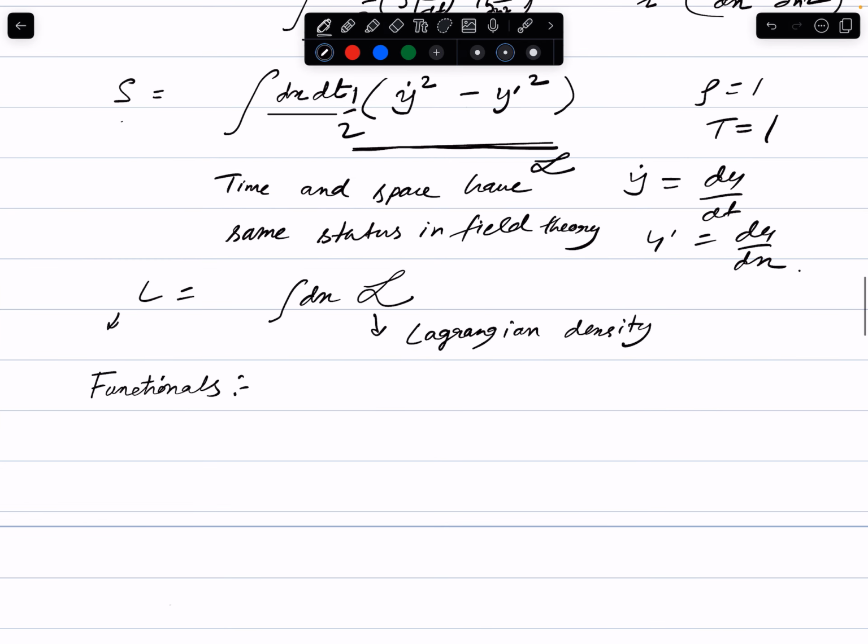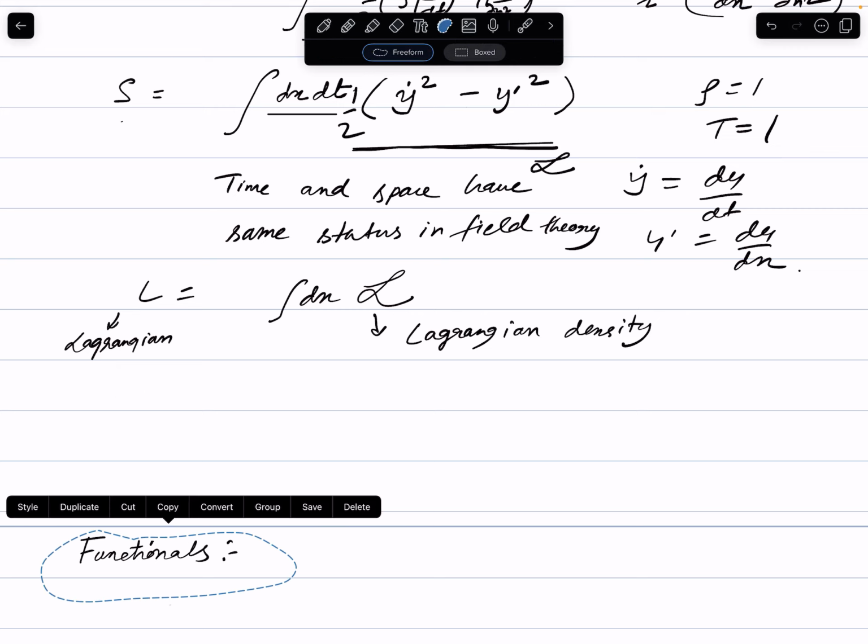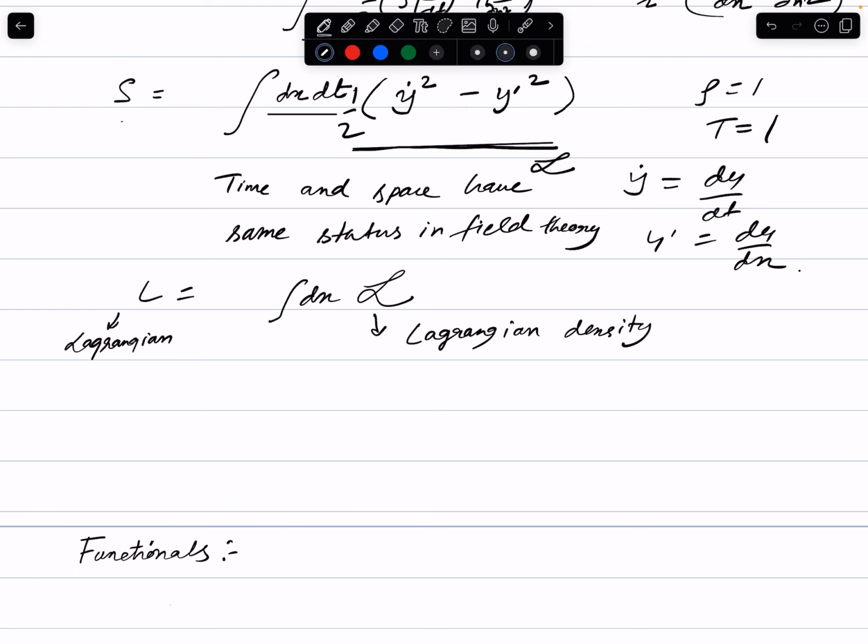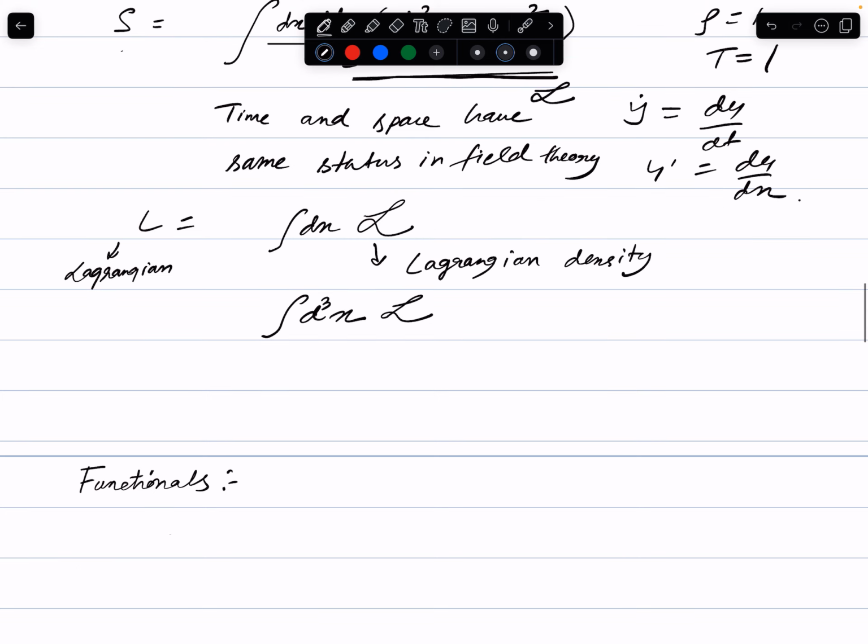This is called the Lagrangian density. This is the Lagrangian. So whenever I write a curly L, that will mean a Lagrangian density. Then the action, in general, will be not just dx, but an integral over all space, d3x, of the Lagrangian density. And the action will be the integral of d3x dt, Lagrangian density.